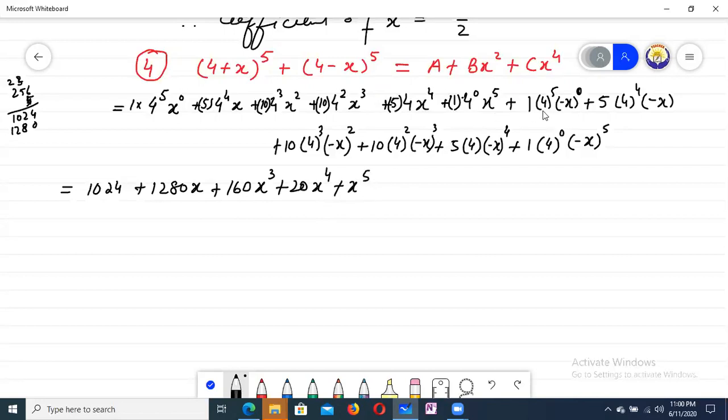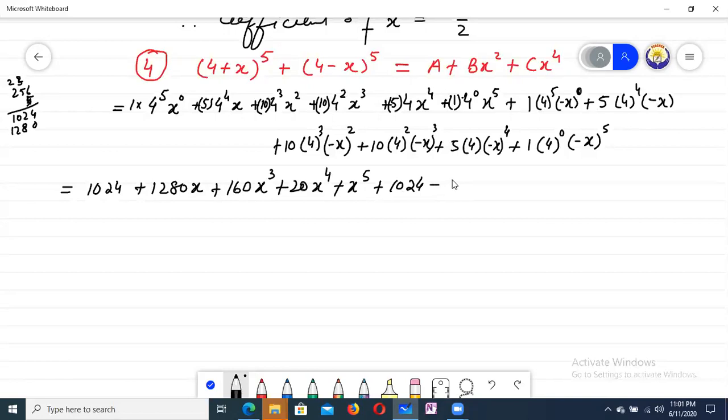In the next one, here 4 raised to the power 5 is 1024. Then 4 raised to the power 4, 256, 256 into 5 is 1280. Plus into minus is minus.